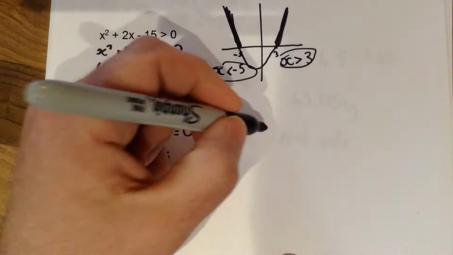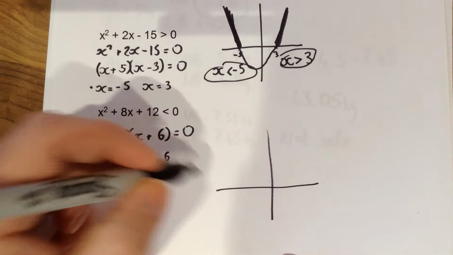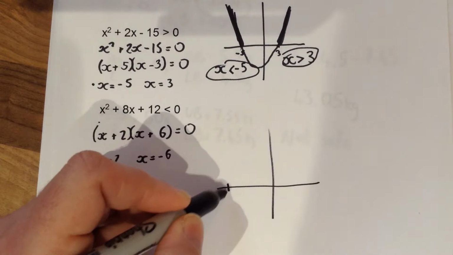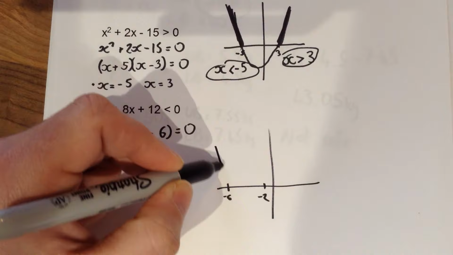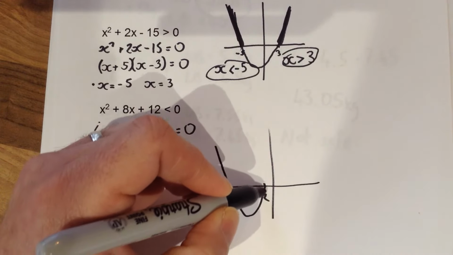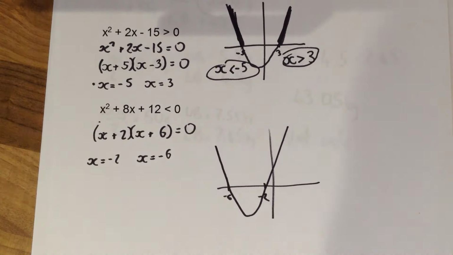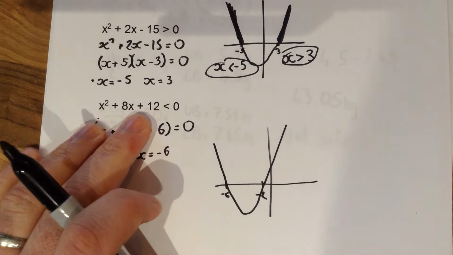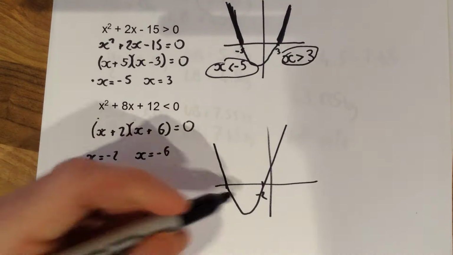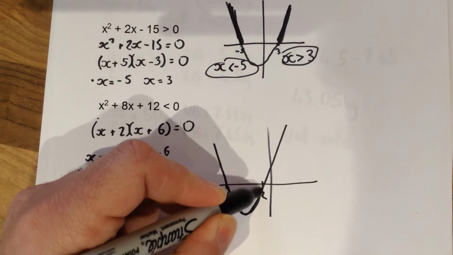So the reason I've done that, I can now sketch this graph. It will cross at minus 6 and minus 2. Again, the graph doesn't need to be drawn accurately, just for the purpose of being able to work out the inequality. Now the inequality said we want this to be less than 0. So the section where it is less than 0 is down here.